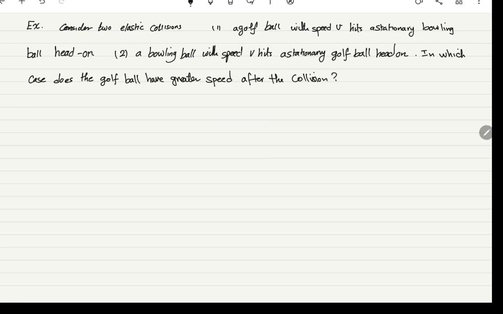The bowling ball almost remains stationary with velocity equal to 0, and the golf ball bounces back with the same speed as before the collision. In the first case, the magnitude of v before the collision equals v after the collision.